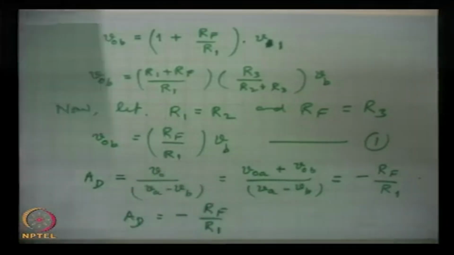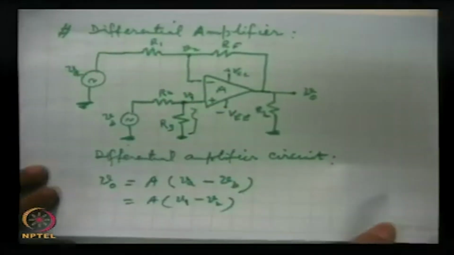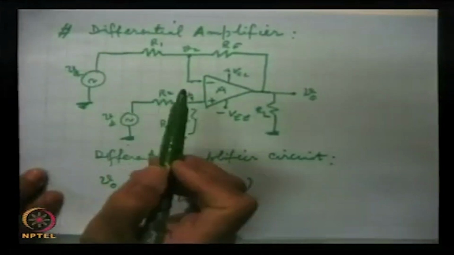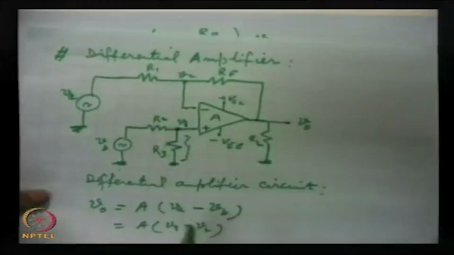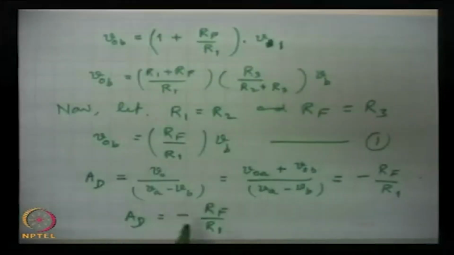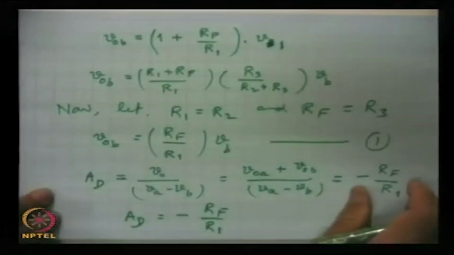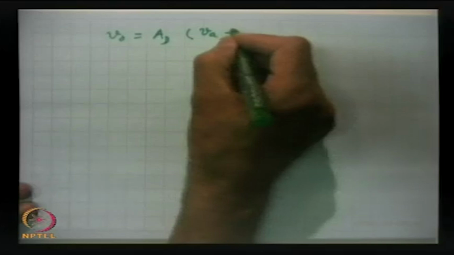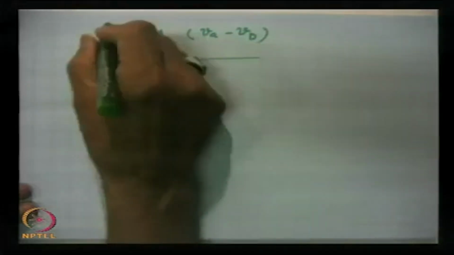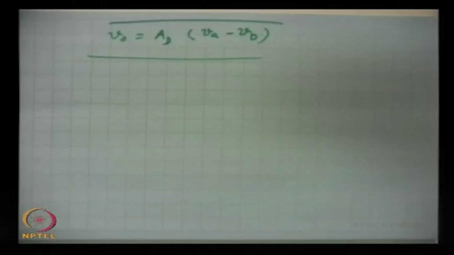This is under the condition when in this design we have taken R1 equal to R2 and RF equal to R3, which is a symmetrical design which is normally used, and then this gain is this much, and the output will be with this gain and two inputs VA minus VB. This is the difference of the two signals that will be amplified, and whatever is common will be filtered out.